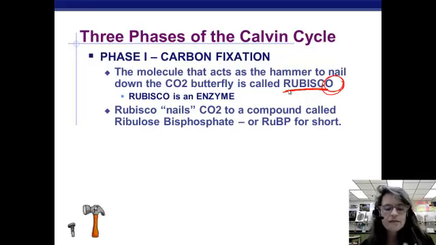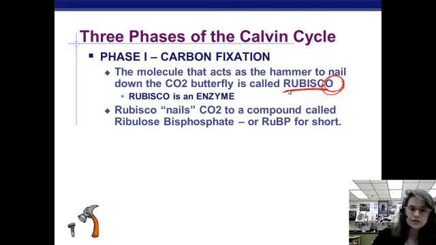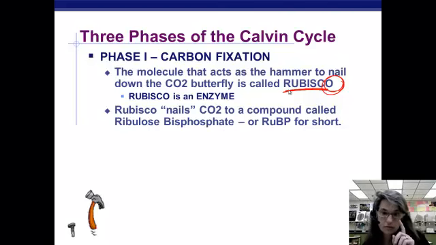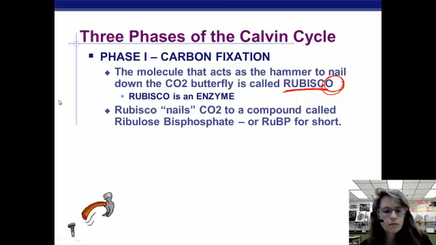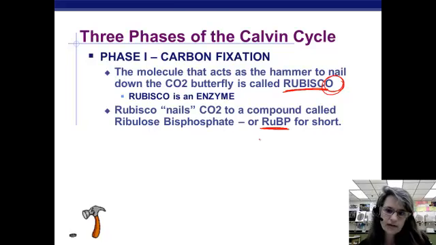Alright? The board, the big carbon compound that rubisco nails the CO2 to, is called ribulose bisphosphate. Ribulose bisphosphate, or we're going to call it RuBP for short. So this is the board.